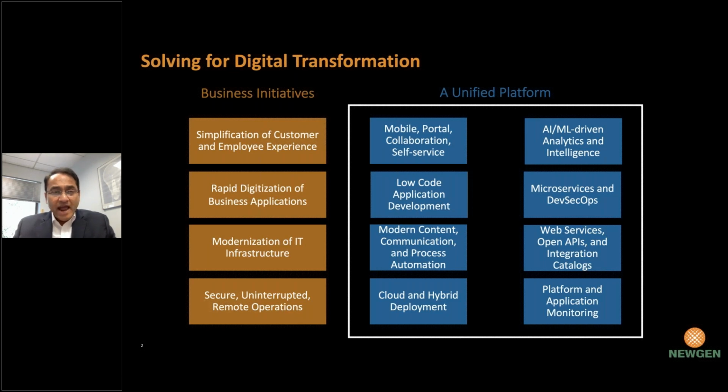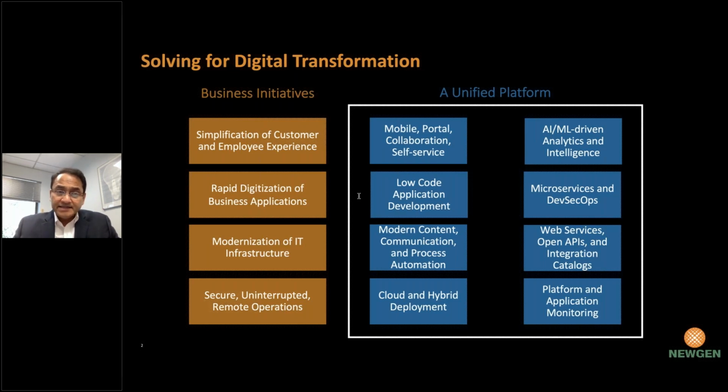And on top of it, you add things like content analytics, the intelligence, making it more relevant, hyper automation, deploying it on cloud, making it hybrid, the microservices-based architecture, DevSecOps, emphasizing the need to build a security foundation within DevOps, web services, open APIs, continuous enrichment of the integration catalogs, more and more standards and out-of-the-box integration adapters, and the continuous and enhanced monitoring of the platform itself for high availability and uninterrupted continuous use.